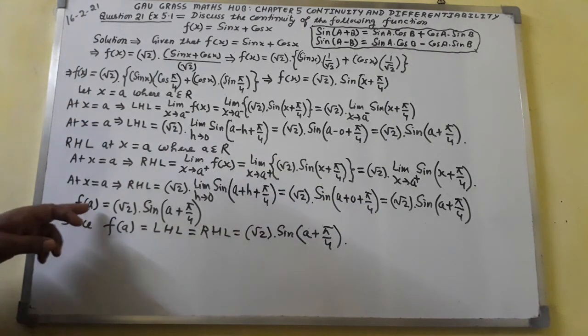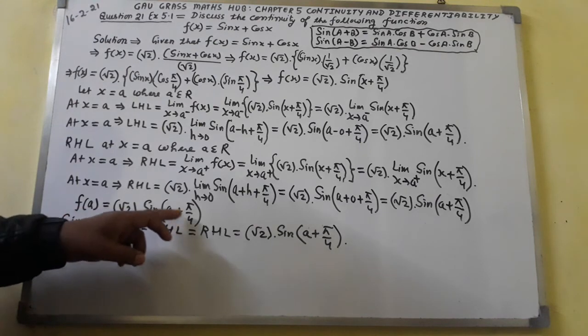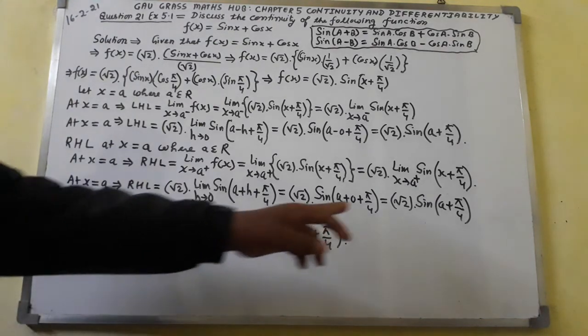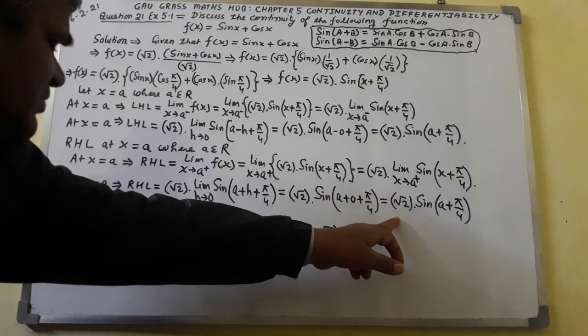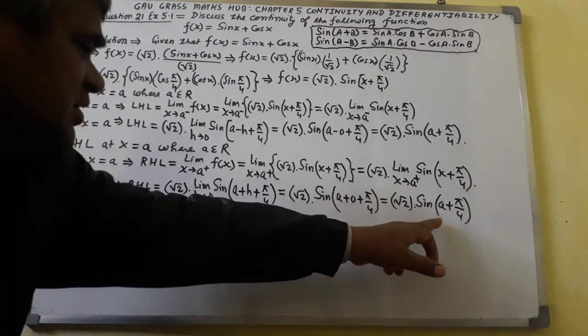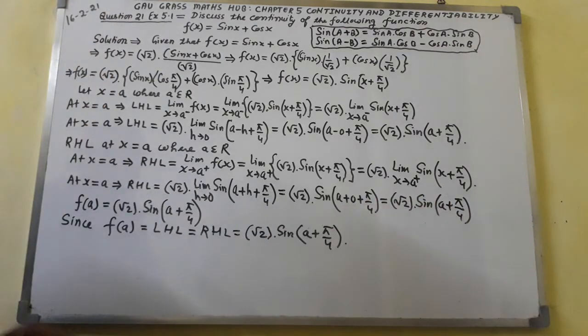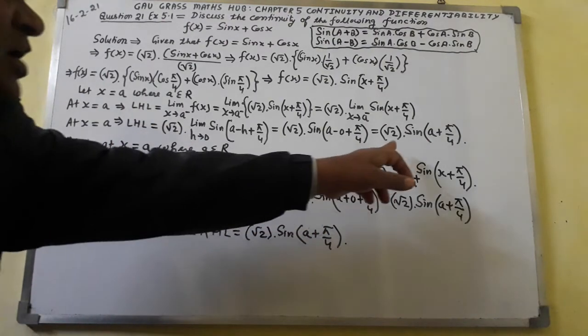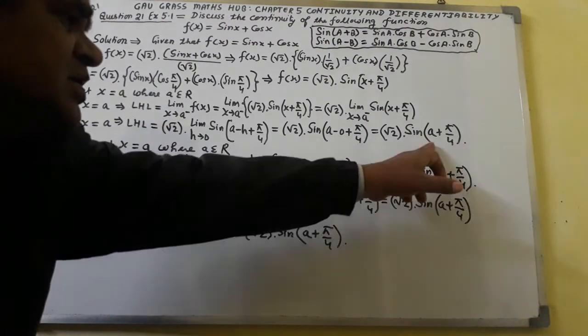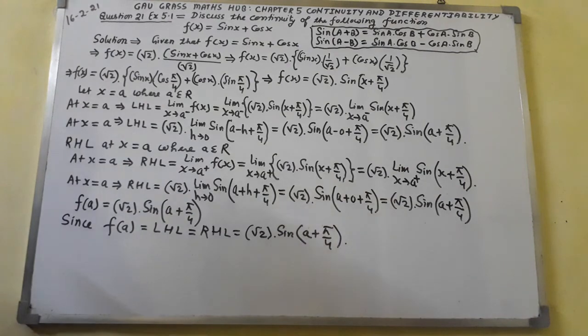Here f of a is under root 2 dot sin a plus pi by 4. Here also right hand limit under root 2 dot sin a plus pi by 4. Here left hand limit under root 2 dot sin a plus pi by 4 you have got.